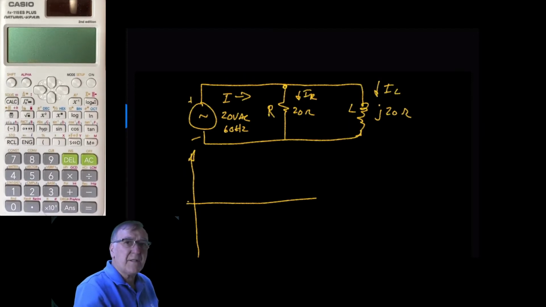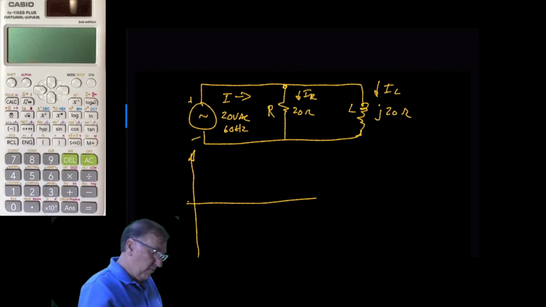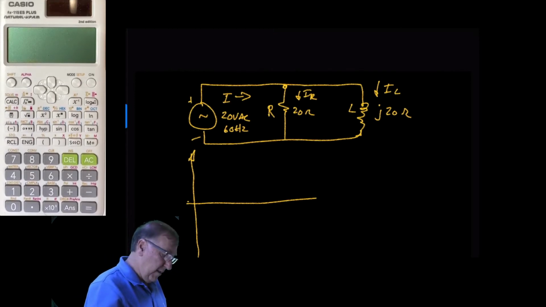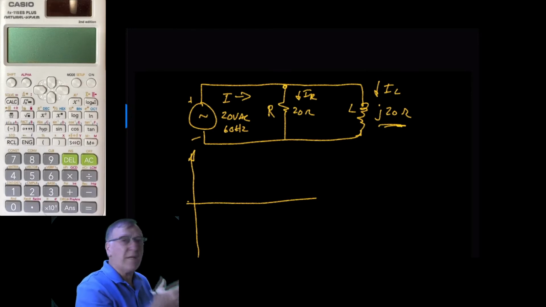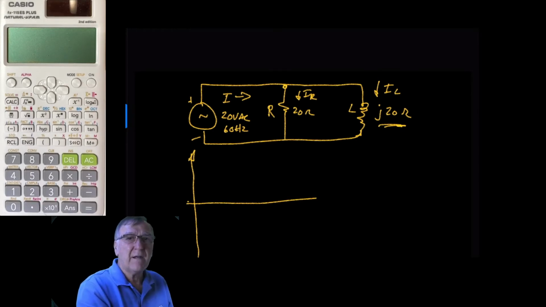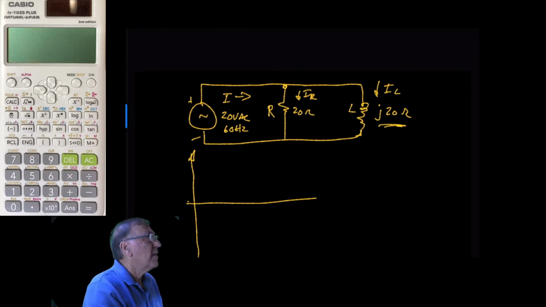So now in this next case, let's replace one of the resistors with an inductor whose value is J20. We won't worry about the millihenry value right now. We'll just say that this is the impedance that we've calculated from the inductance, and we're going to call it J20.